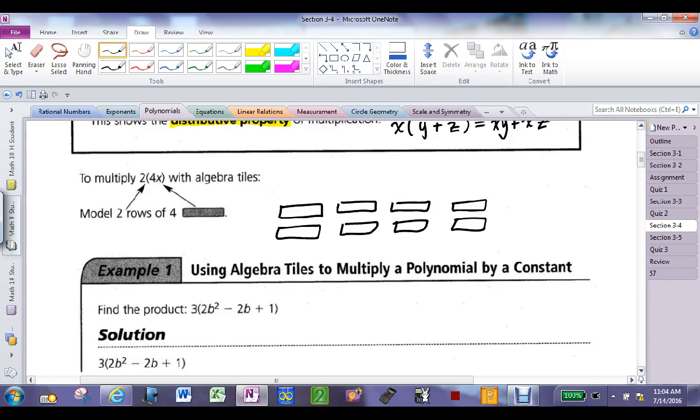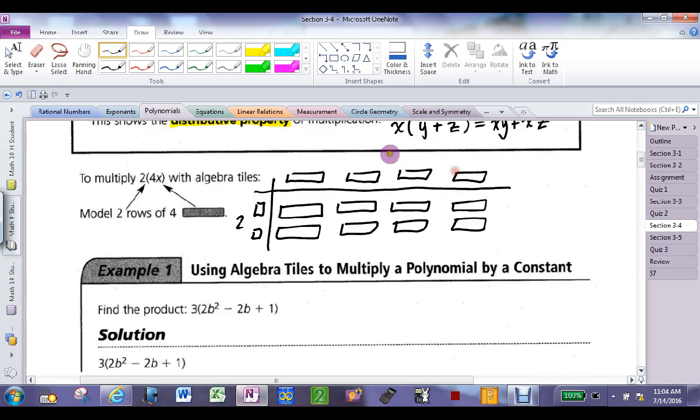And that makes a rectangle. How wide or long is this side? 2. How long is this side? 4 whats? 4x. And what's our answer, which lives in the middle? 8x.